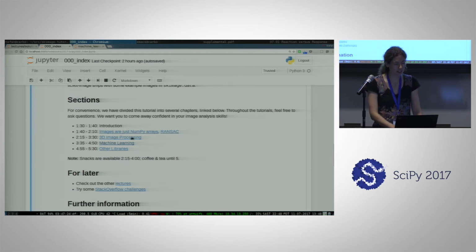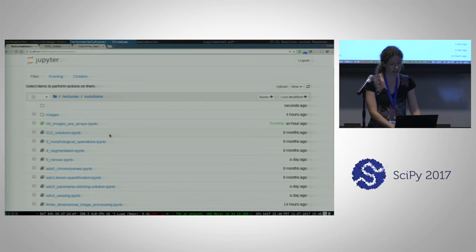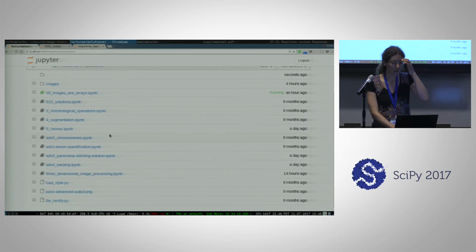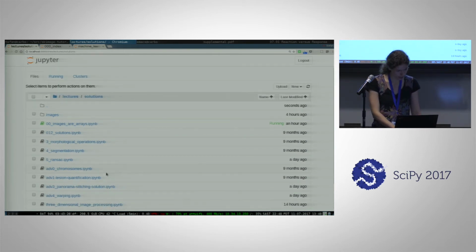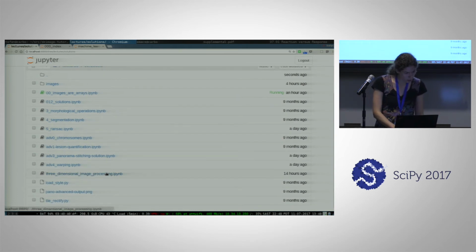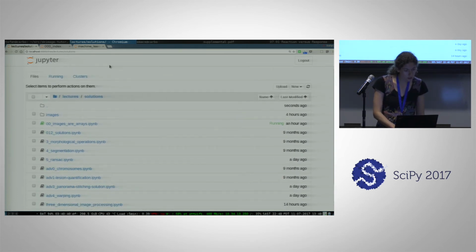You can click on it, and if you also have the Jupyter notebook that is opened in the lectures, in the root directory, you can see that there should be, maybe I just need to refresh it. Yeah.